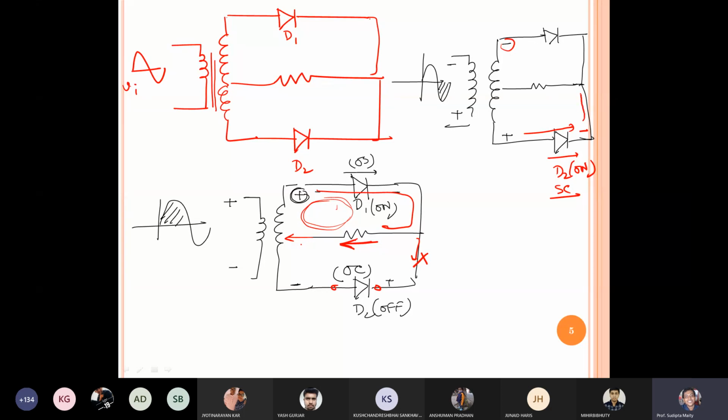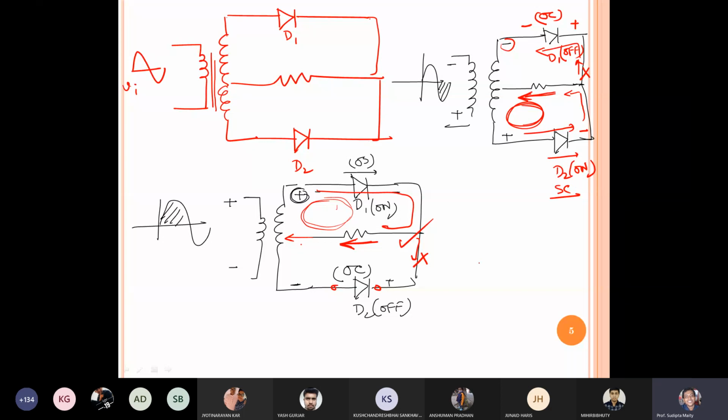So when the current is flowing in this direction, there will be two branches here and there. Now here the current is flowing in this direction, so that means it is positive, it is negative. So it will be open circuit. So D1 is off condition, so there will be no current flow. Total current will flow in this direction. So in this loop, one current will flow from right to left like this.